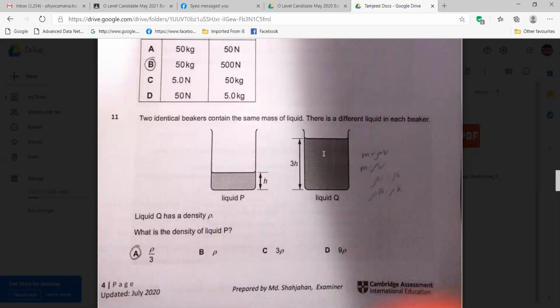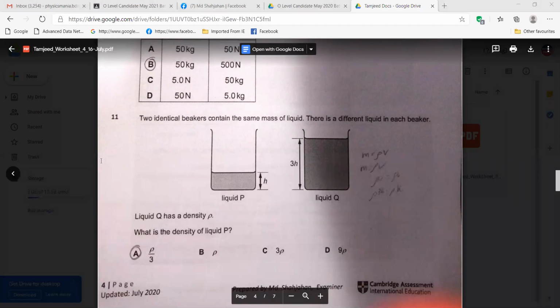For mass, we have the formula rho v, right? I'm taking some time here to give you some more ideas. Mass equals dv, okay, because in my computer there is no option to write rho.